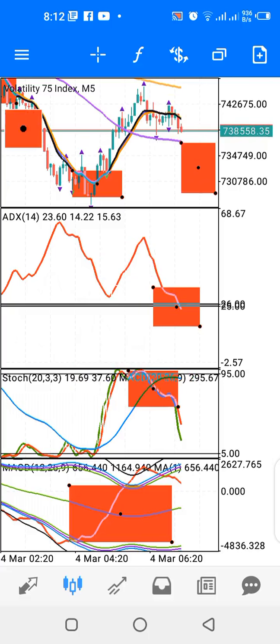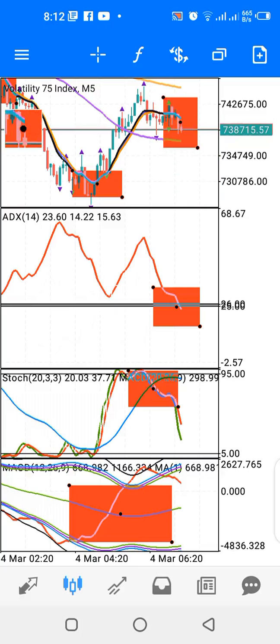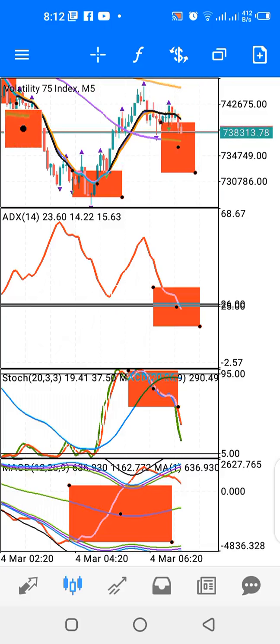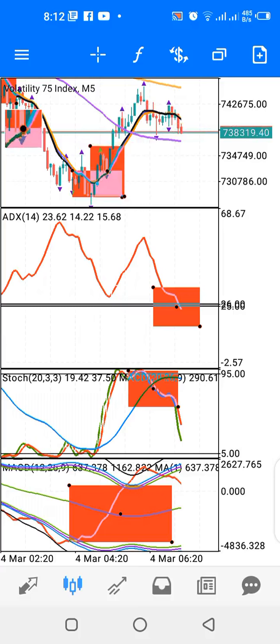And on the main window, we are seeing something like a sell, but we will continue our sell if price drops below the purple line and also below the black, orange, and purple lines.